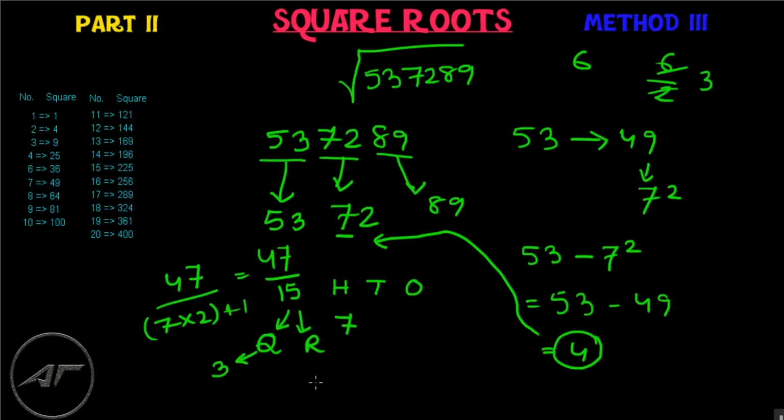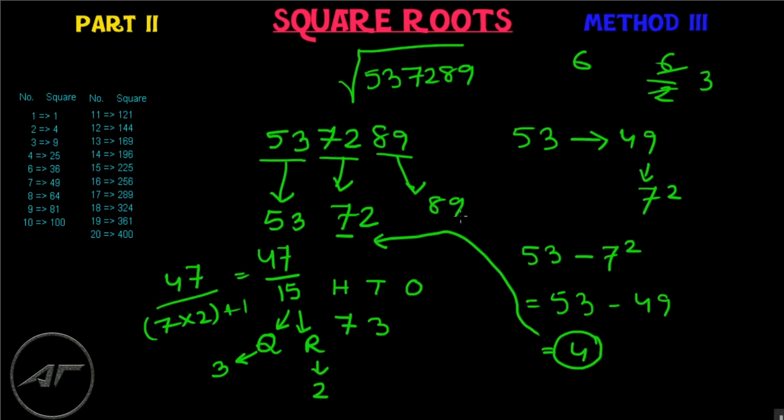Our quotient is 3 and our remainder is 2. Now as our quotient is 3, we place this directly in the tens place of the root. The quotient that we find after this operation will be placed directly in the tens place of the root.